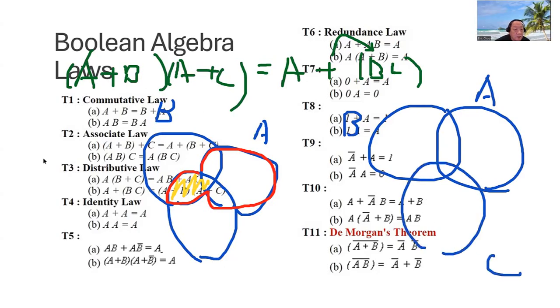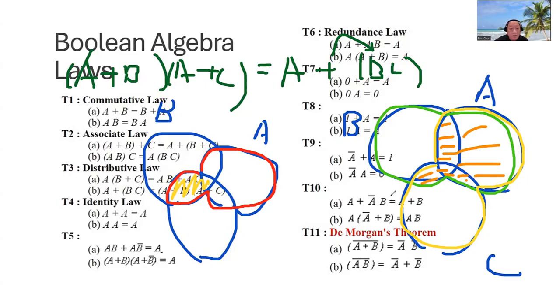So your A or B is this portion. A or C, let's use a different color, is this portion. The green one and yellow one intersect right here. It's actually the same as the red circle. Is that okay?